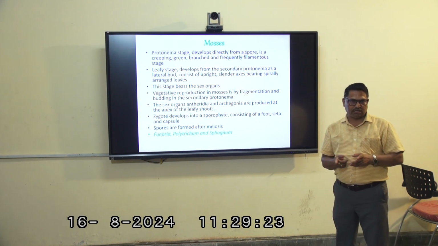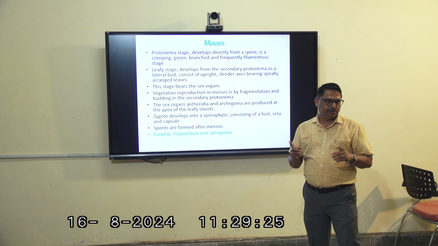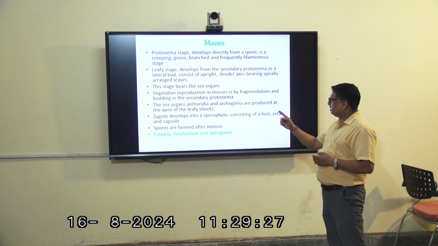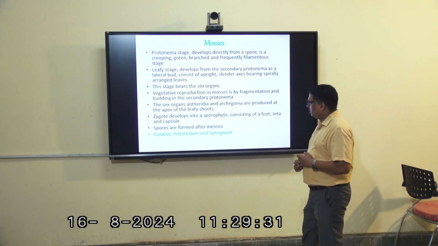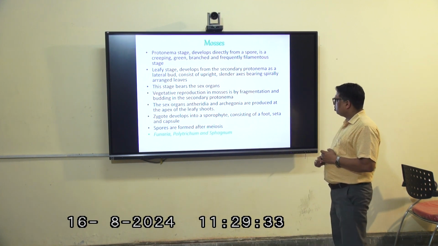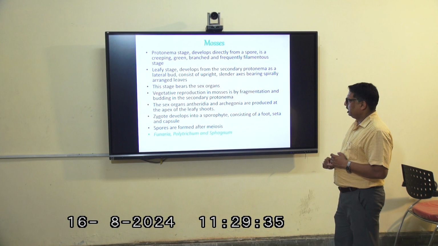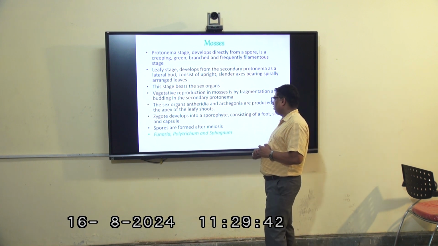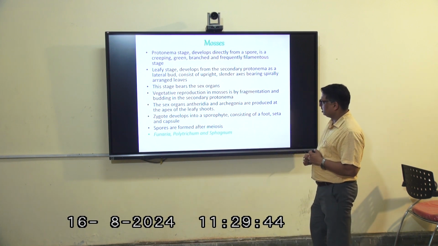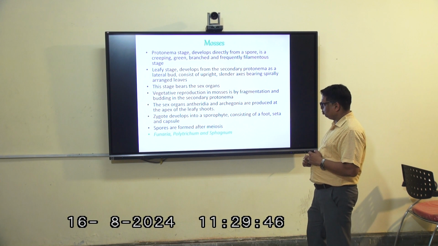In this stage we have the sex organs. Vegetative reproduction in mosses is by fragmentation and budding in the secondary protonema. The sex organs, antheridia and archegonia, are produced at the apex of leafy shoots.